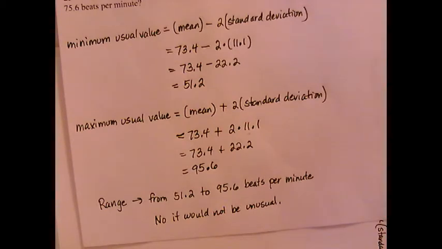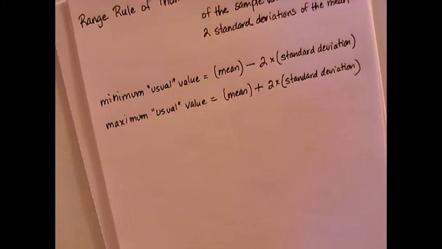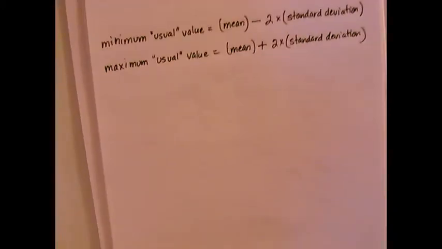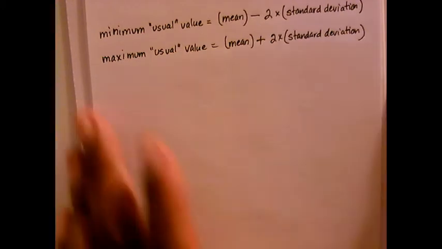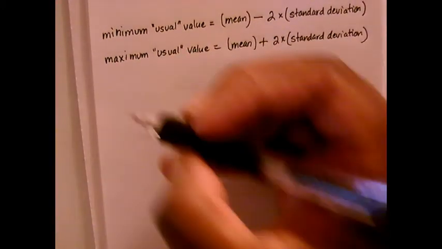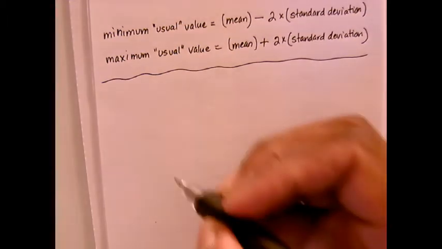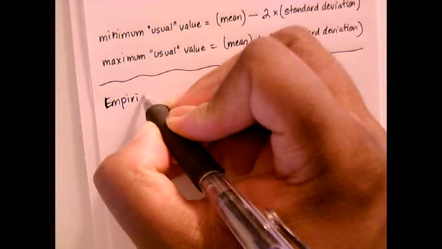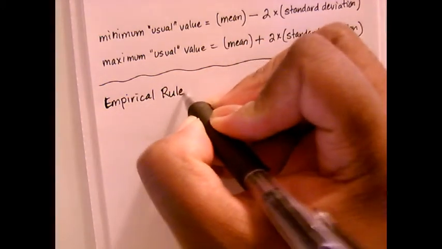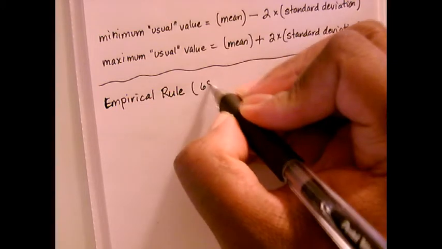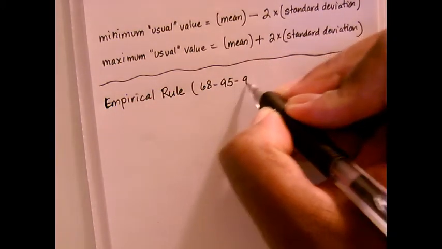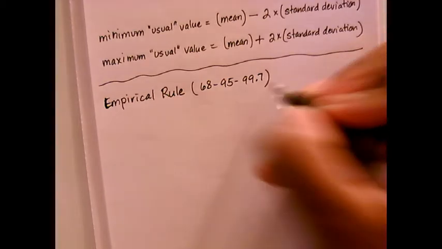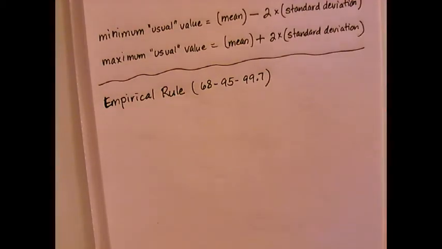Okay, the next thing I want to talk about is the empirical rule for data that has a bell-shaped distribution, or what they call a normal distribution. So the next thing we'll look at is the empirical rule, which is usually the 68, 95, 99.7% rule for a bell-shaped distribution.